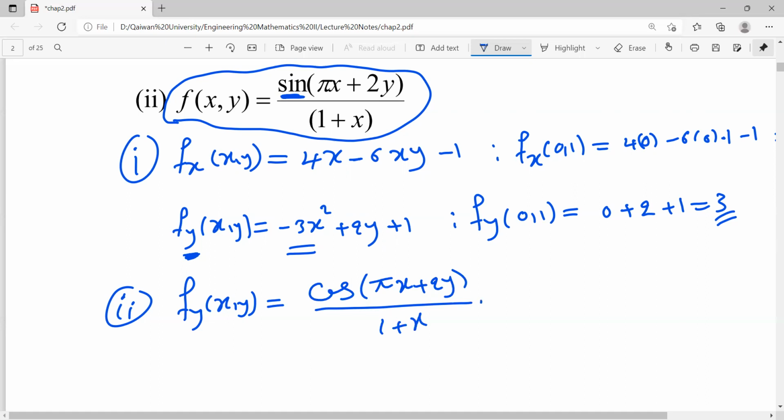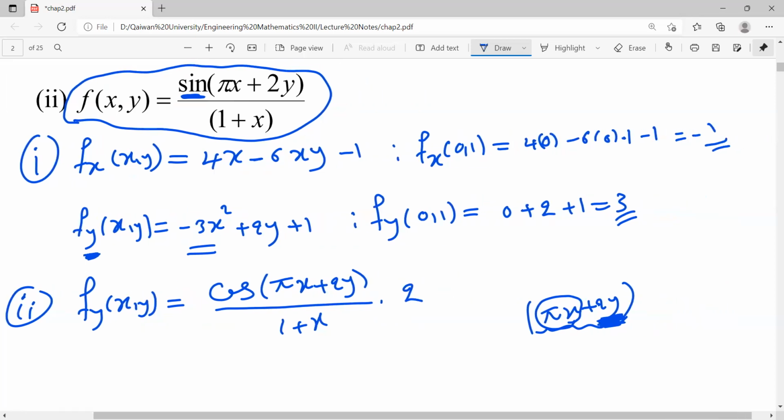This is the derivative times the derivative of the angle. What's the angle? The angle is pi x plus 2y. If you find the partial derivative of this with respect to y, the first term becomes 0, since pi is constant and also x is constant as we take the derivative with respect to y. So the derivative of 2y is 2. That means the derivative of the angle is only 2.